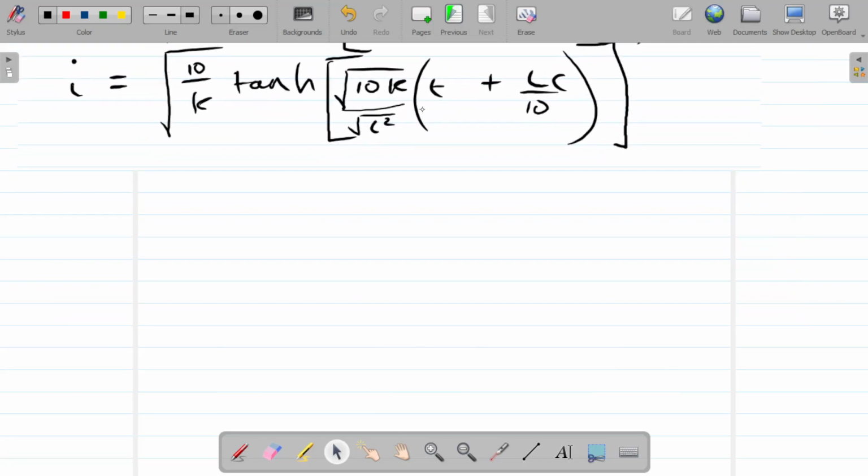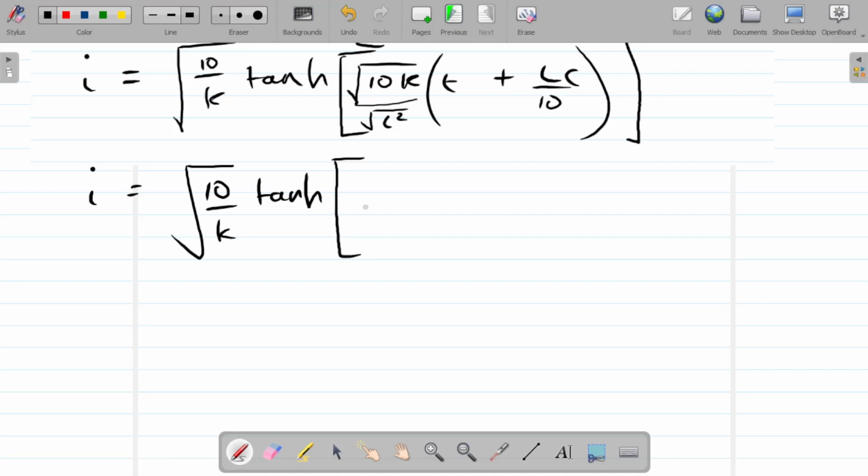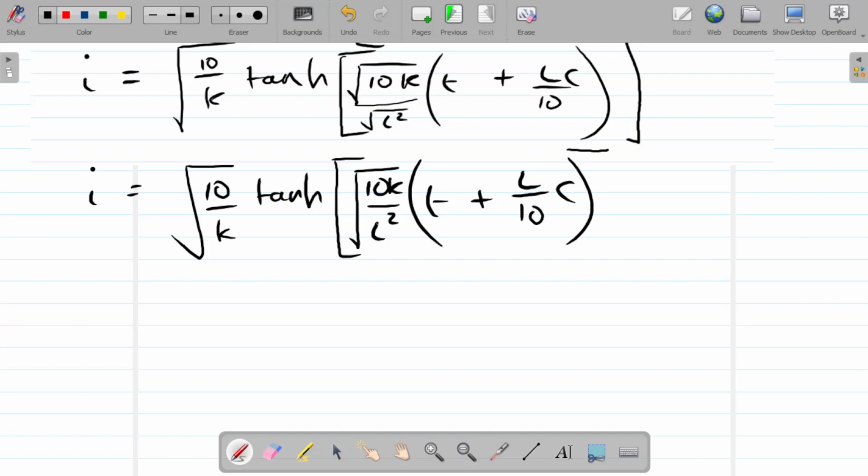And yeah, I'll put it there like that. So now I is equal to the square root of 10 over k times the hyperbolic tangent of, in brackets, square root of 10k over L squared times t plus L over 10 c, right?